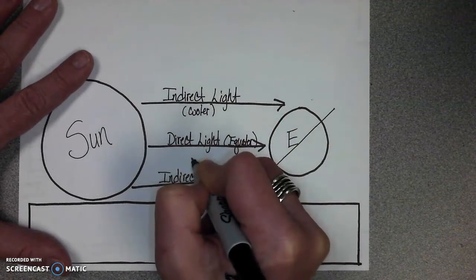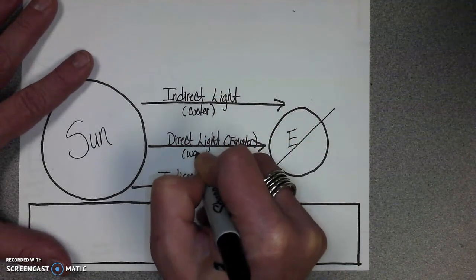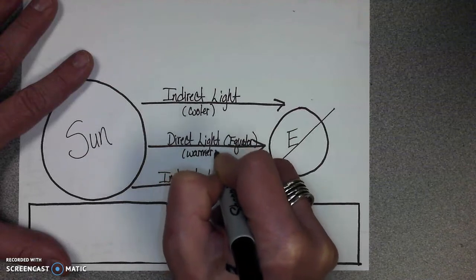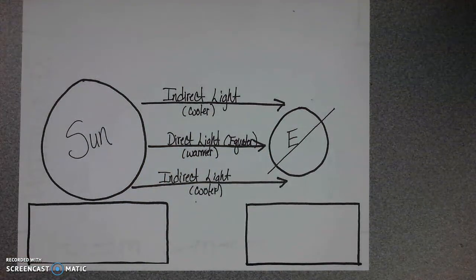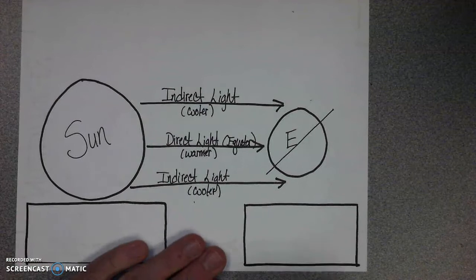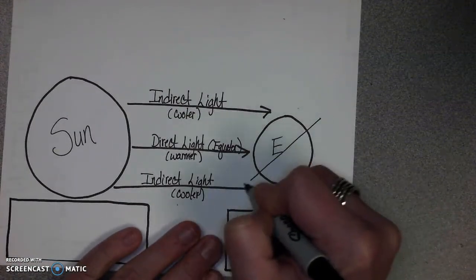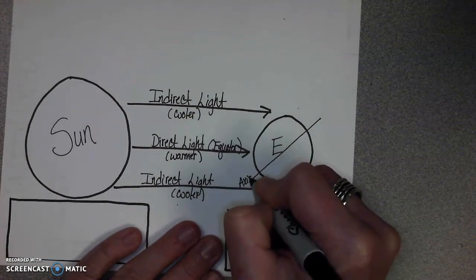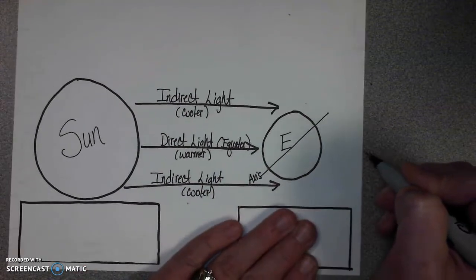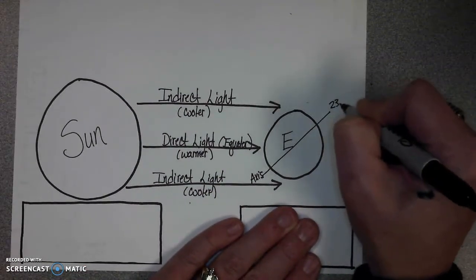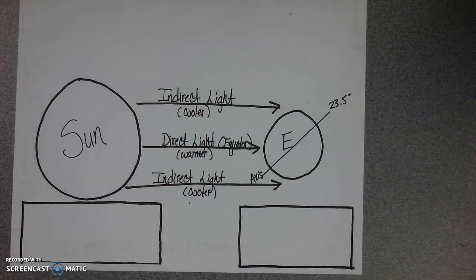And this gives us warmer weather. I don't want you to forget that this is our axis, which is tilted, remember, at 23.5 degrees.